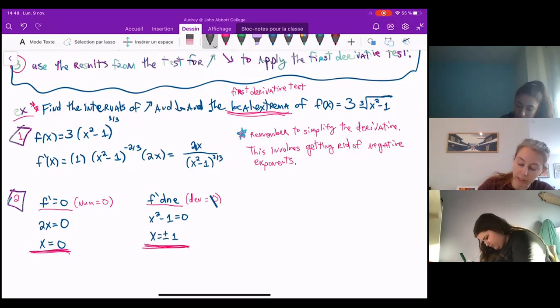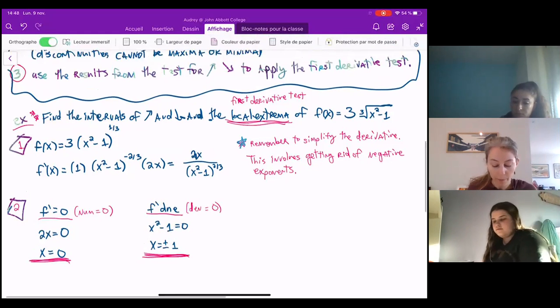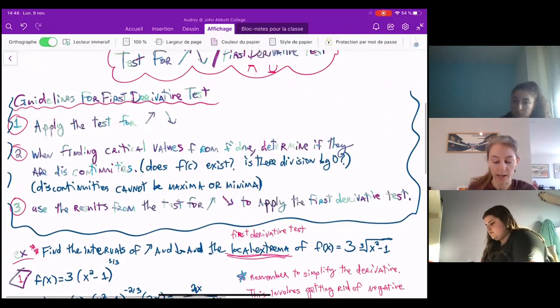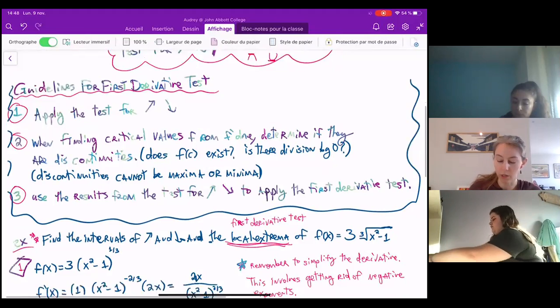Now, this brings us to, we were asked to find our local extrema here. So up here with our guidelines for the first derivative test, when finding the critical values from f prime does not exist, I need to determine if they're discontinuities.